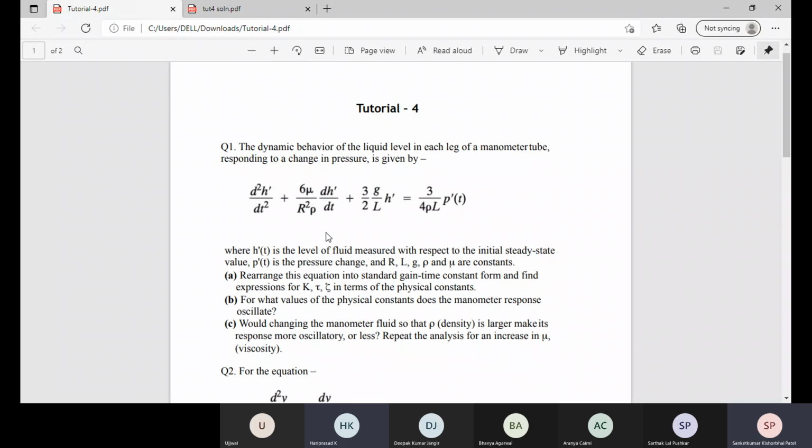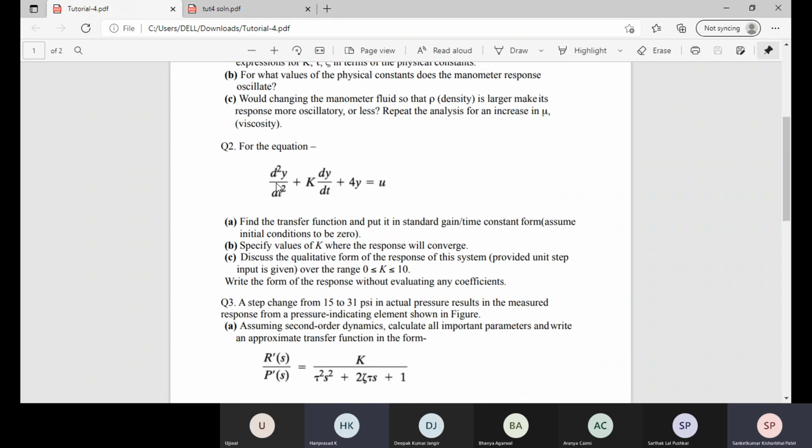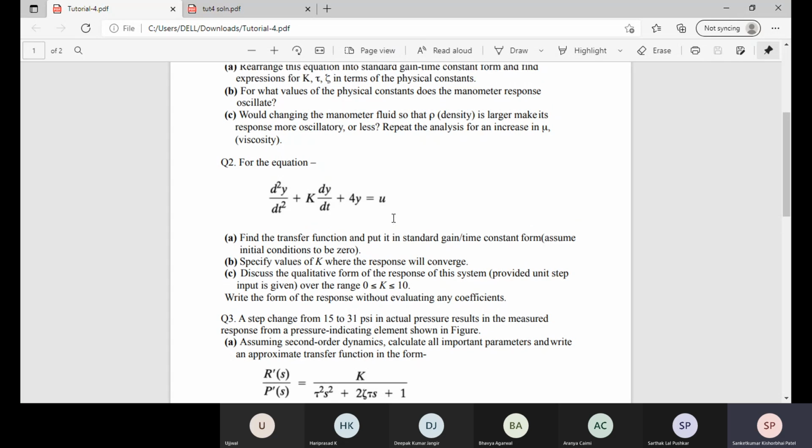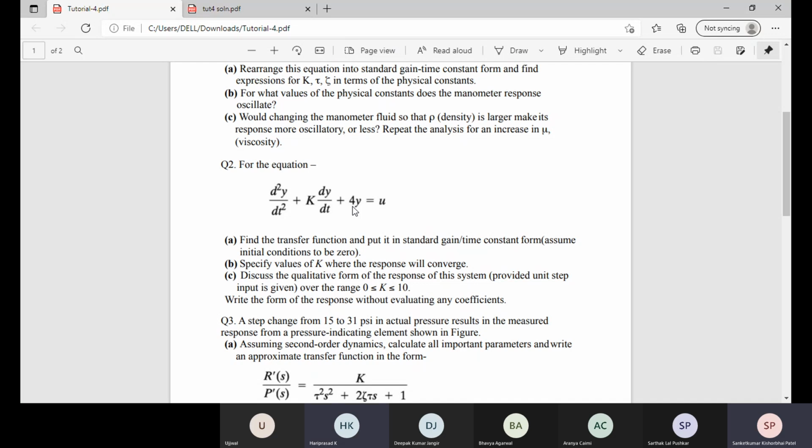Okay, sir. So for the equation given, find the transfer function and put it in standard gain time constant form. Assume initial conditions to be 0. As we have done in the previous one, similarly we have to convert it in standard form, that is K by tau square s square plus 2 tau zeta s plus 1, by taking the Laplace transform. For part B, specify values of K where the response will converge.